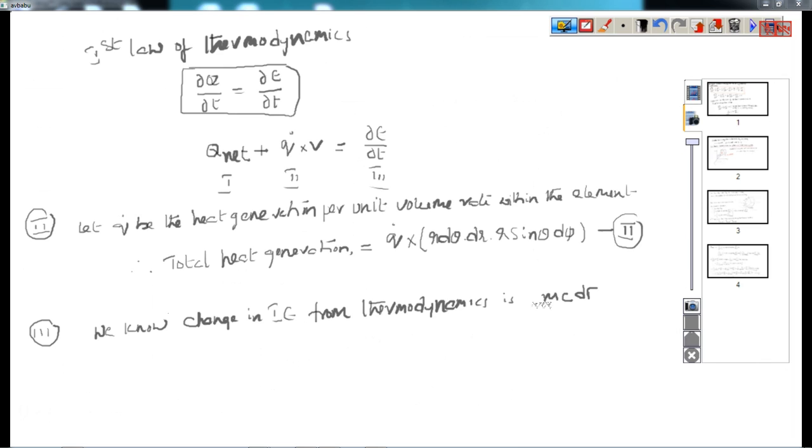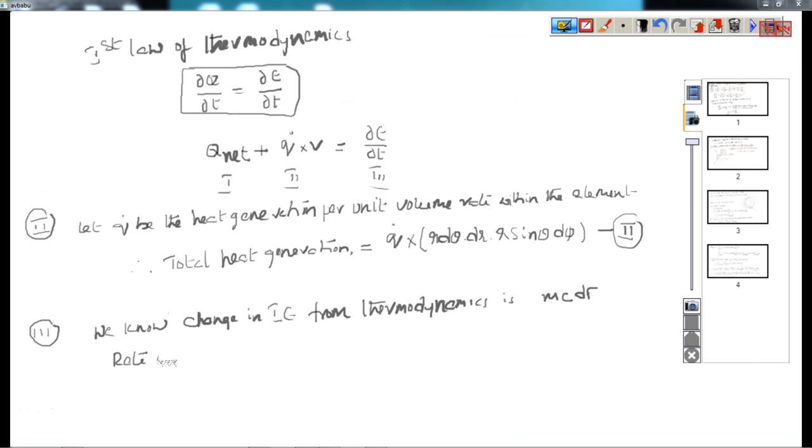If I want to calculate the change in internal energy from thermodynamics, we know it. Now we require the rate of change of internal energy.